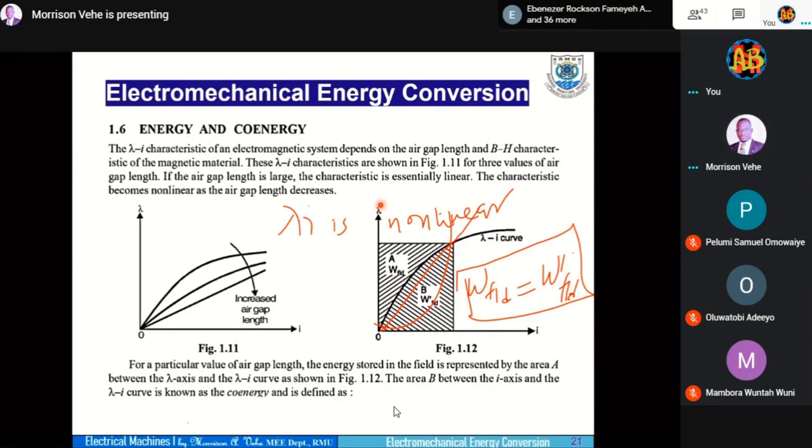So they are things that interrelate, but the air gap is a major factor, because based on the state of the air gap, we are able to do more work or less work to accomplish our objectives. So basically, that is what the case is.